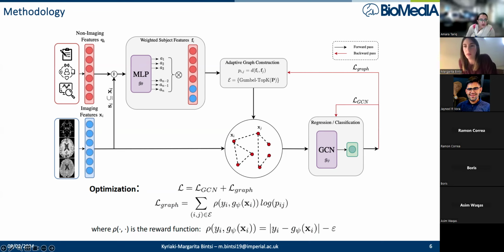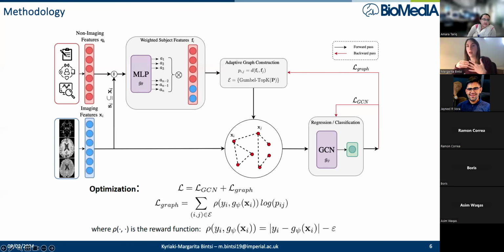Okay. So we train it using the graph loss term. Because we give some weight scores, and then we use the weighted phenotypes for the graph structure. And then we use the graph structure for the GCN. And if the results are good, then these edges are rewarded.